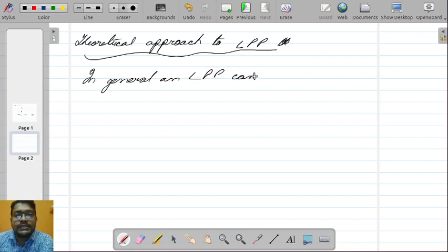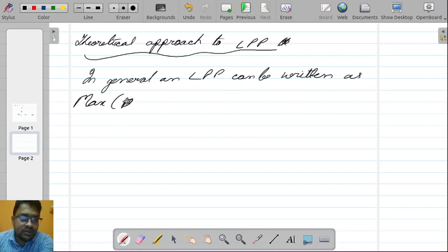So you see, in general an LPP can be written as, because there may be many variables, I do not know how many variables there are. So in general I can write an LPP as maximize or minimize. Let us write it in two parts.